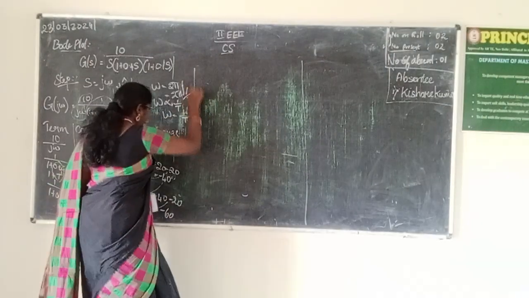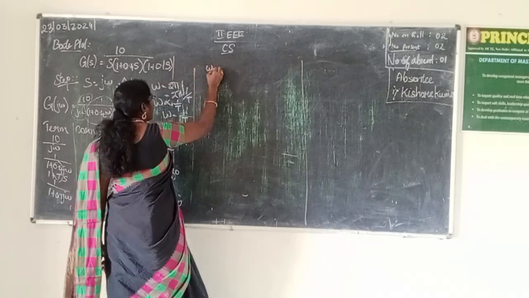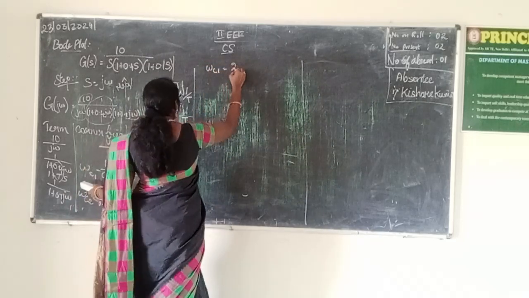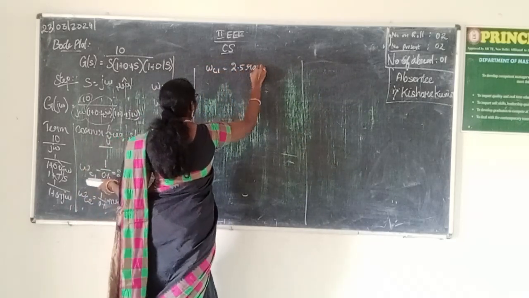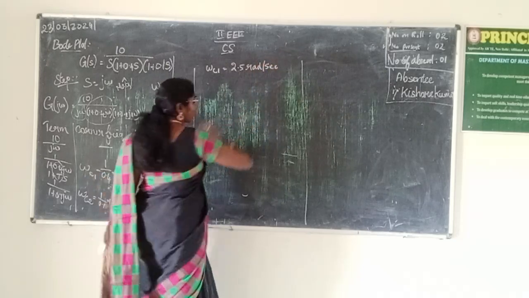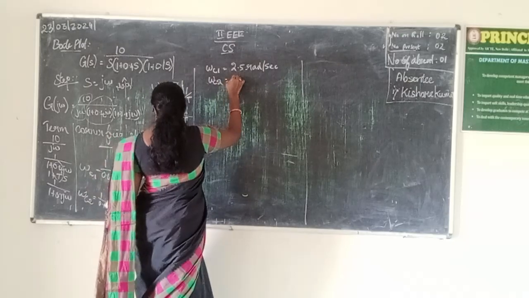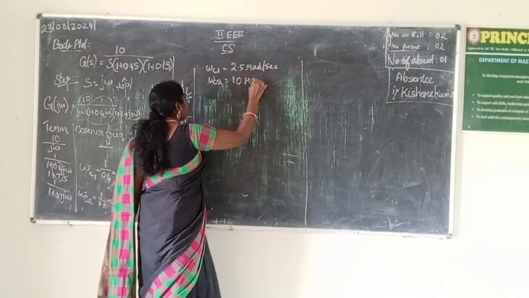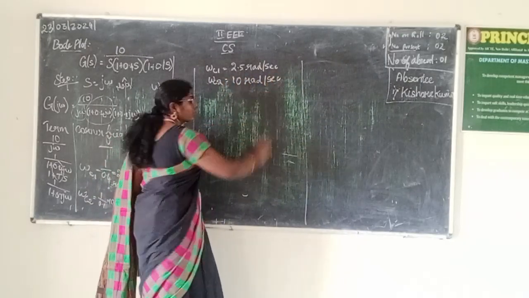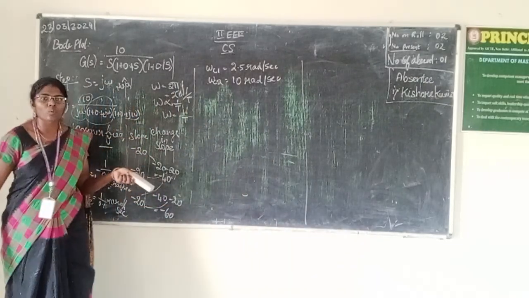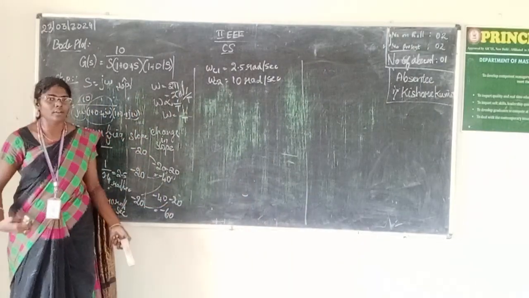Now, by this diagram, I know that omega C1 is equal to 2.5 radian per second, and omega C2 is equal to 10 radian per second. Now I have to predict the lower frequency and the higher frequency.